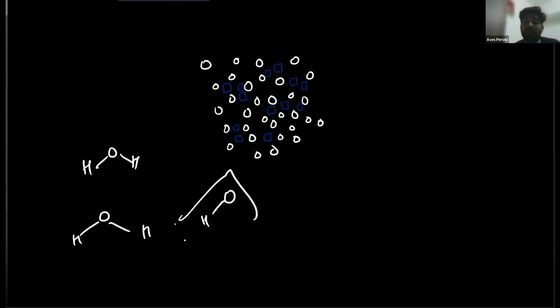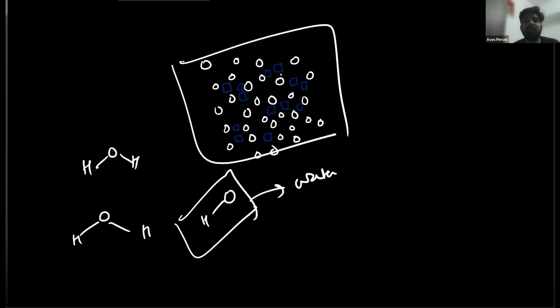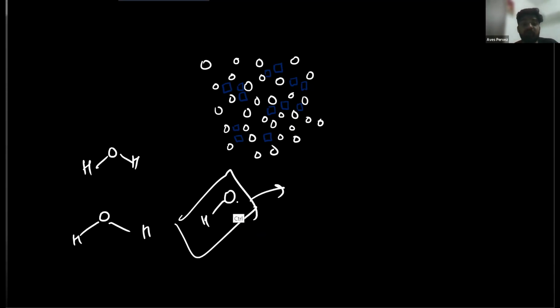So this molecule will not show the property of water. This is not water. But if the void is empty in the sugar solution, it is still a sugar solution. Here, if one hydrogen is missing, it is not considered a water molecule. It will not show the property of water.